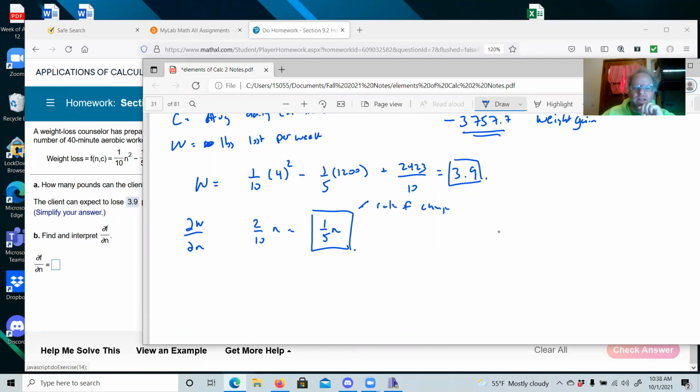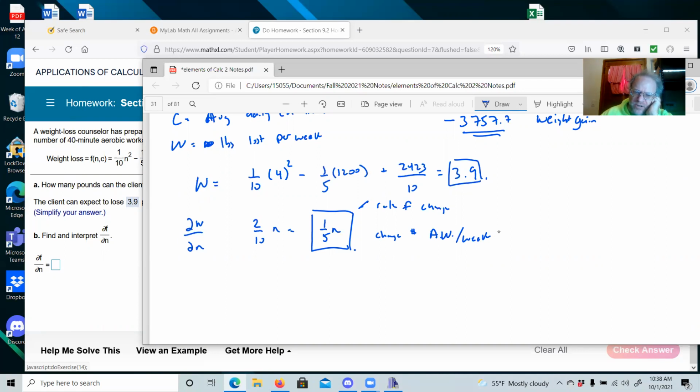Without trying to do that, what are the units here? This is if we change the number of aerobic workouts per week, then that is the result of what's going on with the weight loss.